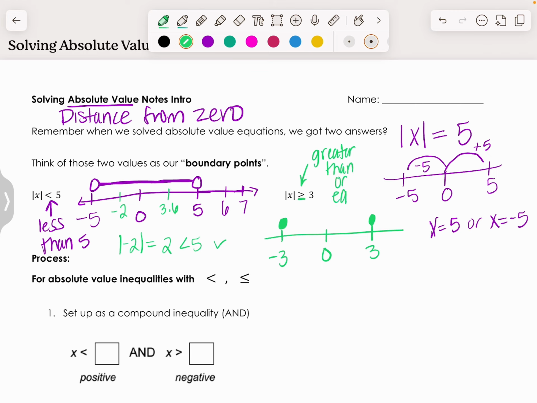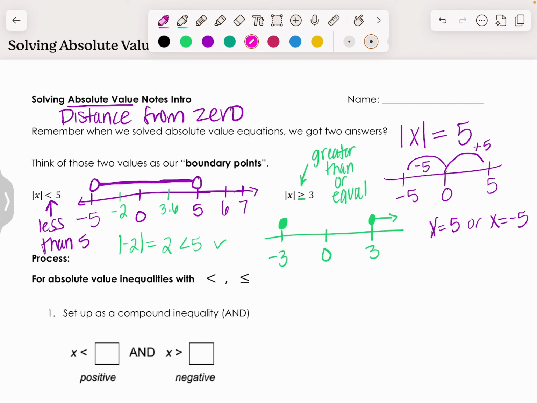When we are thinking of values that would satisfy this inequality, we want our x value to be further away from 0 than 3, or 3 or more away. So we really want to go the other way.